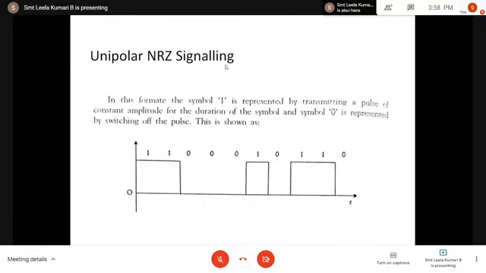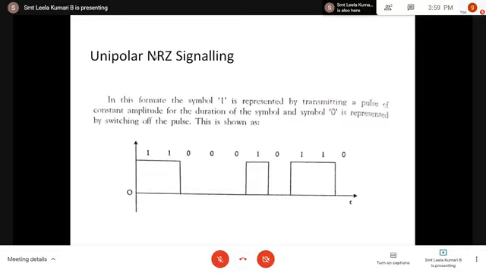In unipolar non-return to 0 signaling, symbol 1 is represented by transmitting a pulse of constant amplitude for the duration of the symbol, and symbol 0 is represented by switching off the pulse.